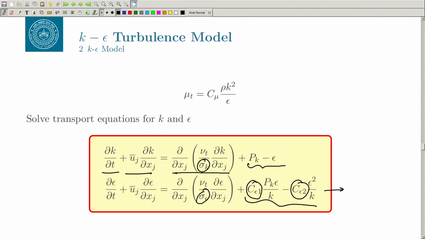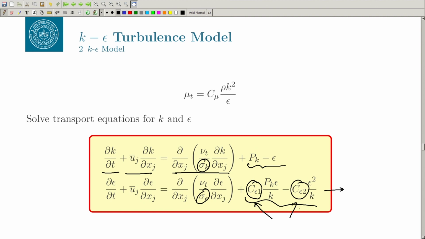You use these models and plot them and see when they match perfectly with your experimental or DNS data, and those values you use. In fact, if you are using these models in a solver, you can change the values of C epsilon 1 and C epsilon 2 to suit your requirement.